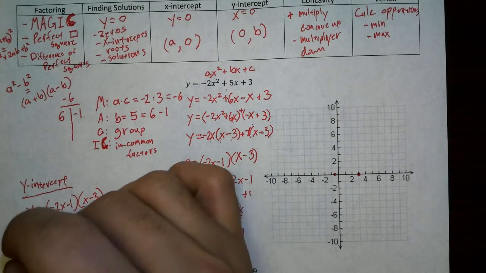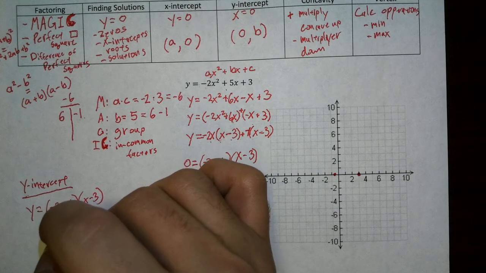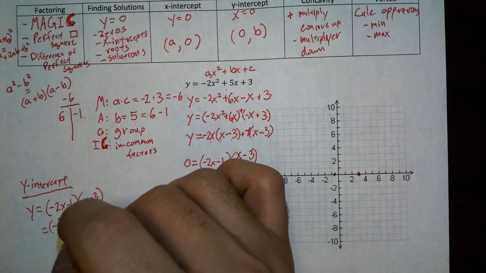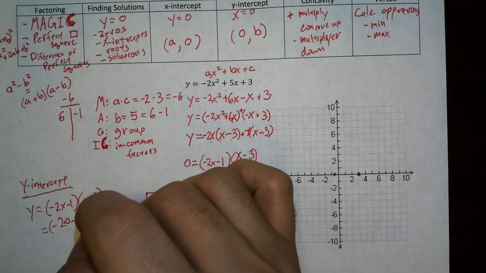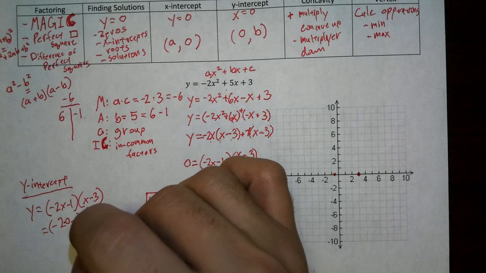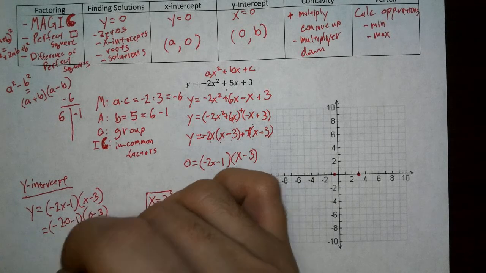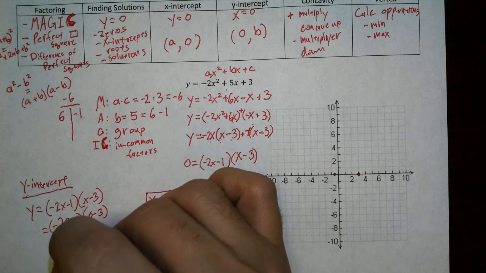We'll plug in 0 for x. We have negative 2 times 0 minus 1, times 0 minus 3. That'll be negative 3 multiplied by negative 2 times 0 minus 1, multiplied by negative 1.